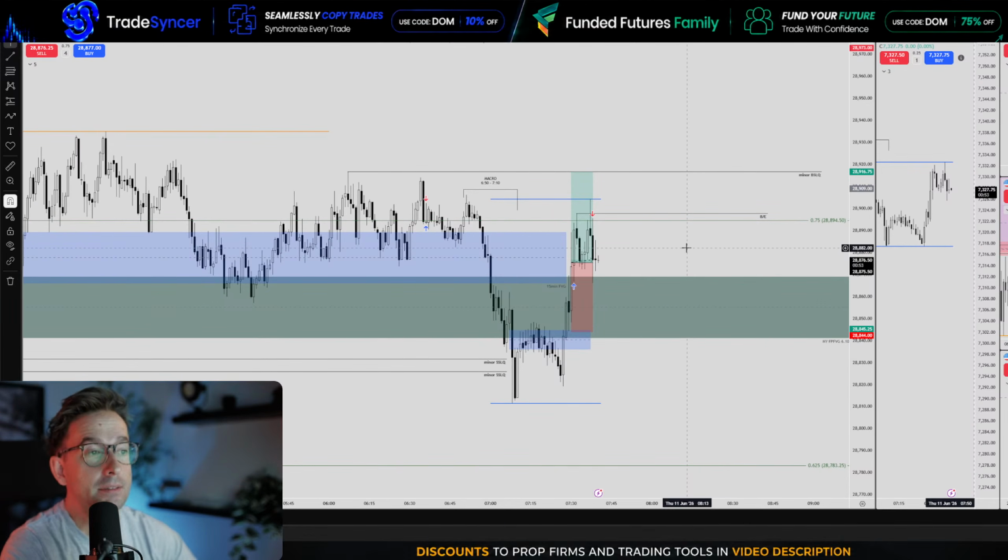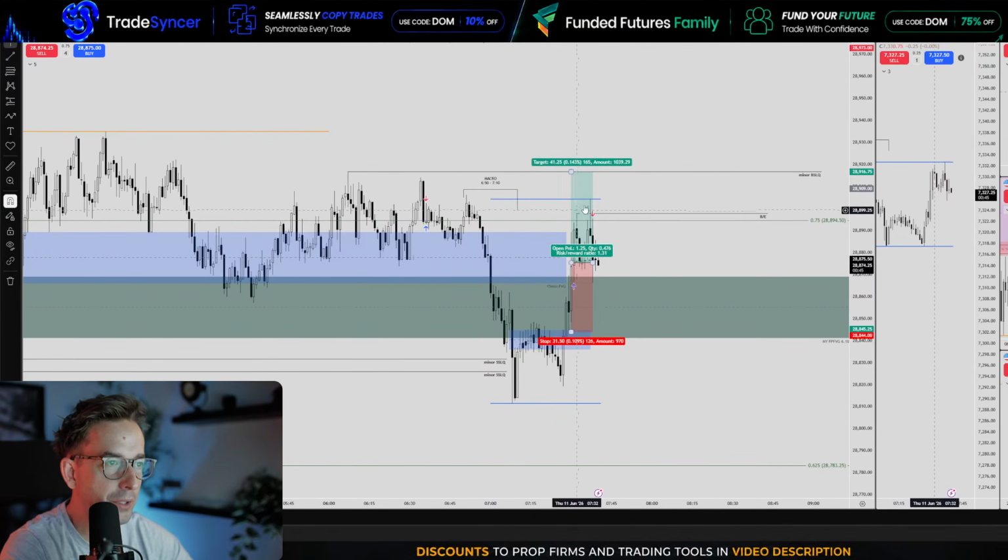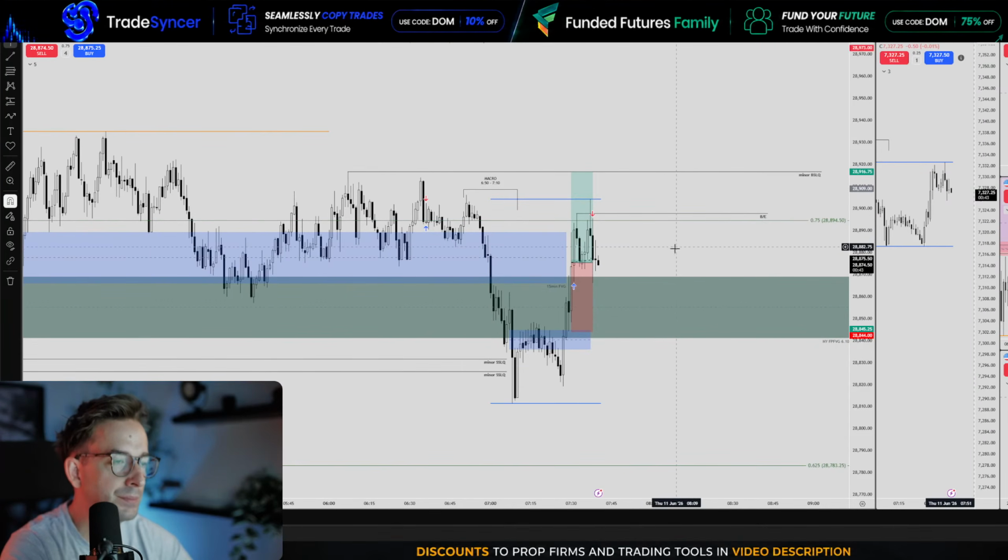On to the next. We might have a second re-entry. I don't know. If price presents something interesting, then we might take another long and grab these quad levels. But this wasn't something that I wanted to see.